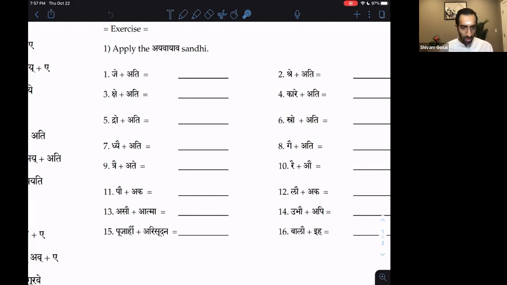Okay, so I think we're okay with this. We can say it all together. Number 12, lo plus akka. You don't need to type it in the chat. Lavaka. Aso plus atma, asavatma.